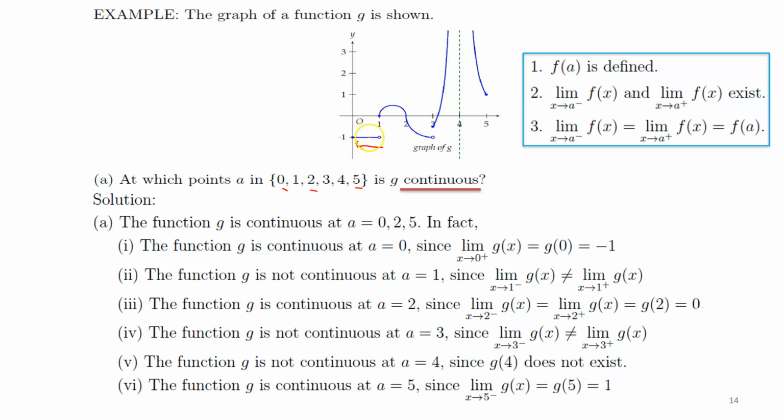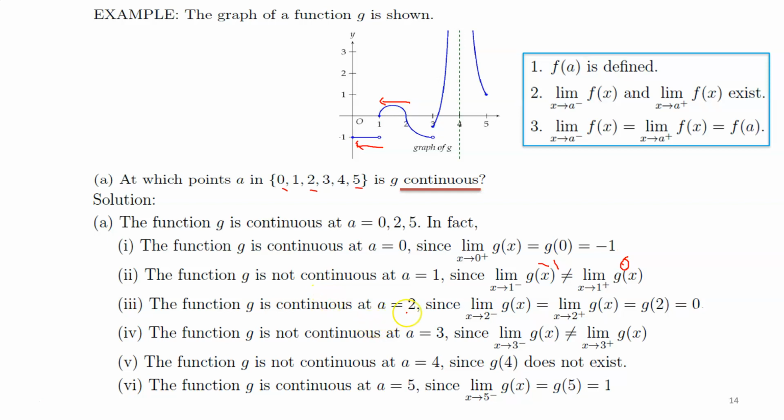Yang menghampiri satu daripada sebelah kiri adalah curve yang ini, yang mana value dia is actually equal to negative 1. And how about the limit as x approaches 1 from the right? From the right is this one, right? So you get the answer 0. One is negative 1, one is 0. So the answer is not the same. So it's not continuous, or discontinuous.